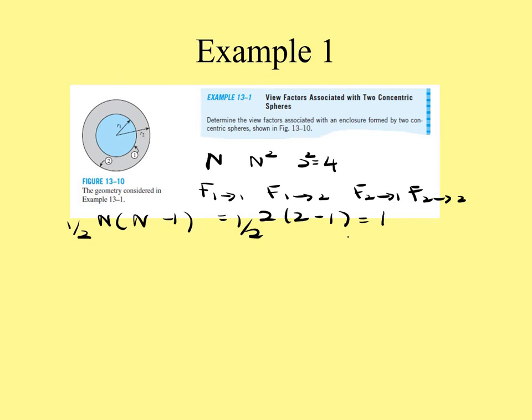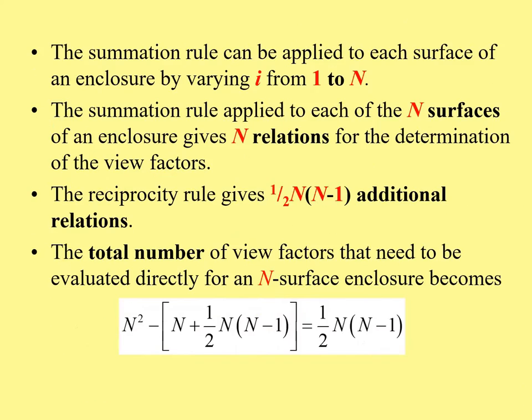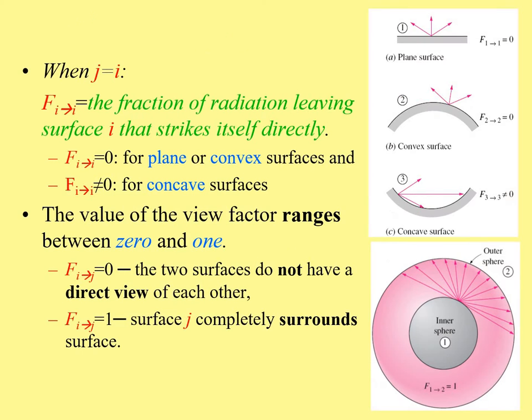The other three view factors we can determine based on the summation and reciprocity rules. Remember last time I mentioned that f1 to 1 would be equal to 0 if we have a plane or convex surface, like this.